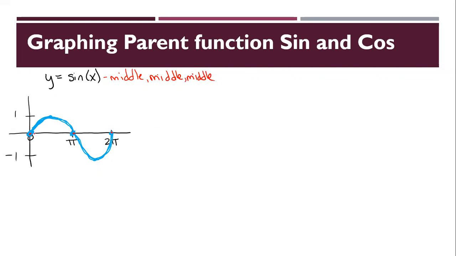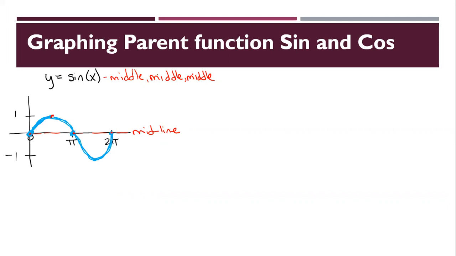See this line right through here that is currently the x-axis? It cuts your wave in half. The wave oscillates over the top of it and underneath it, and this is called your midline. And the sine wave hits the midline, the middle, at the beginning, middle, and end.